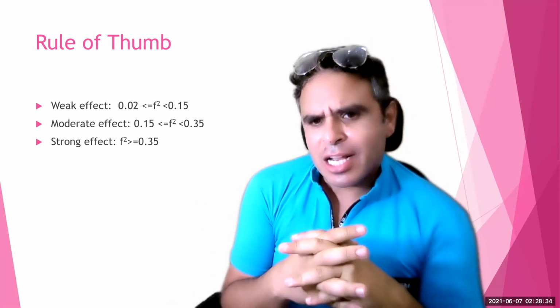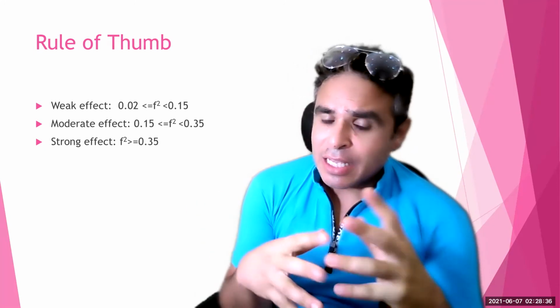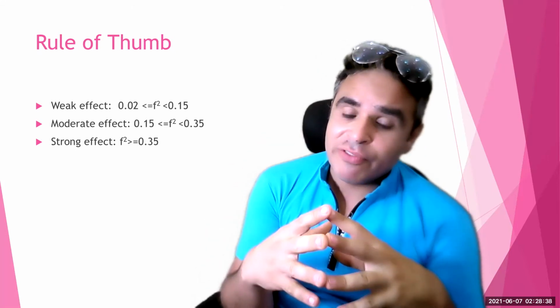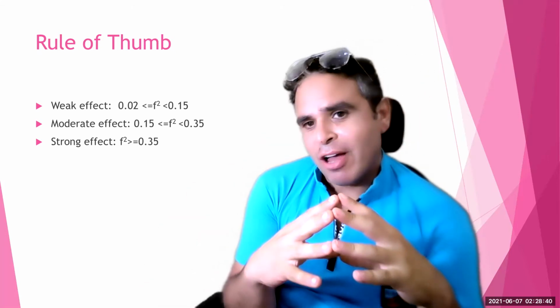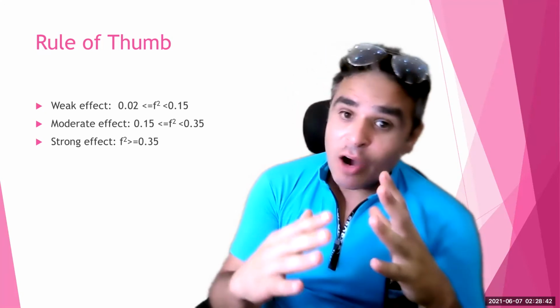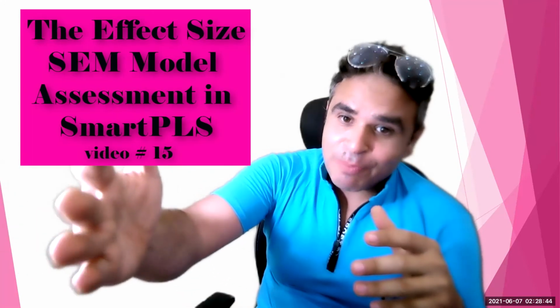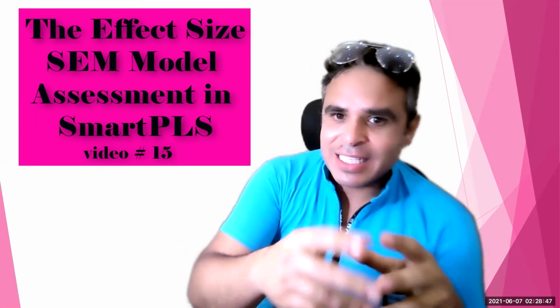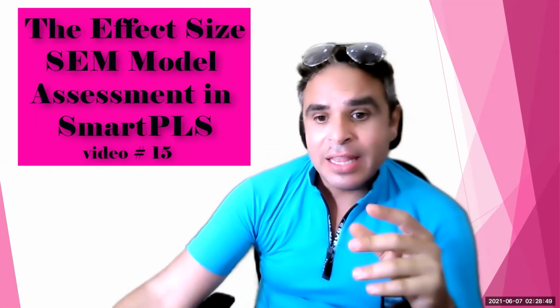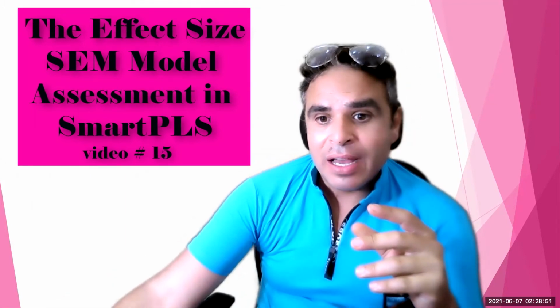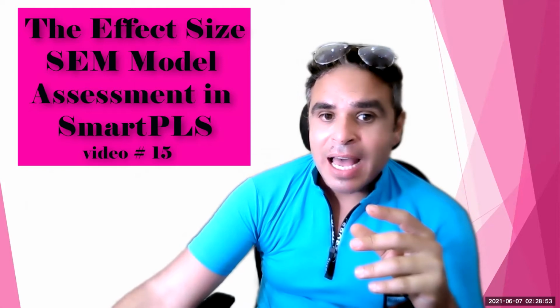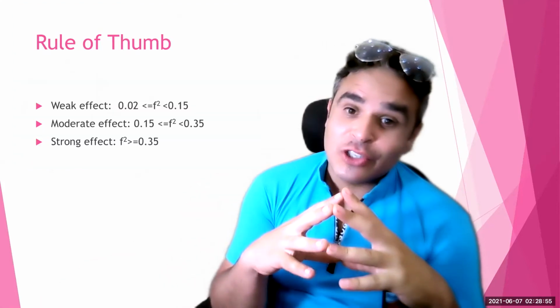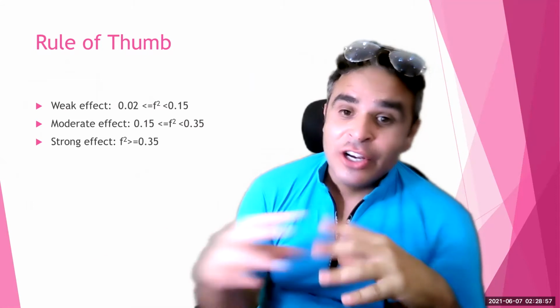It is moderate when it falls above 0.15 but below 0.35. However, when it goes above 0.35, as in this case, then we have a strong effect, as categorized.